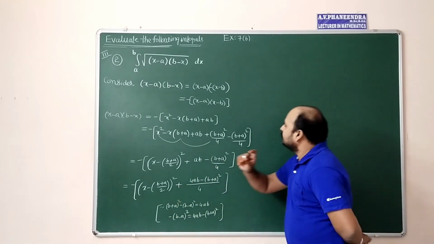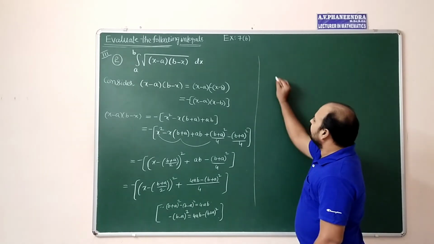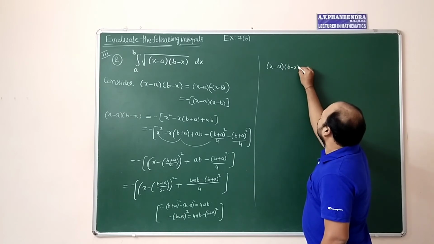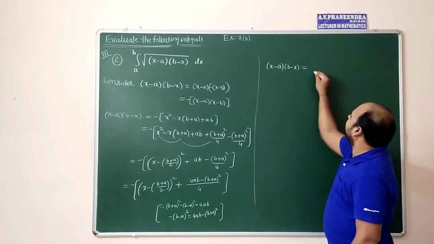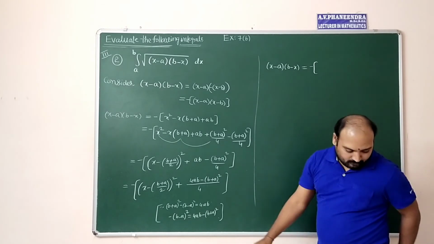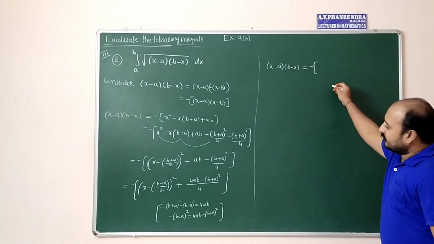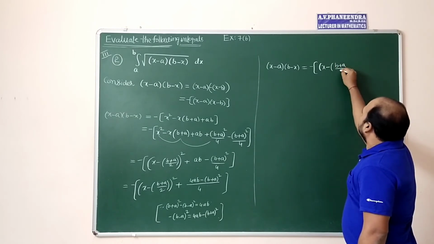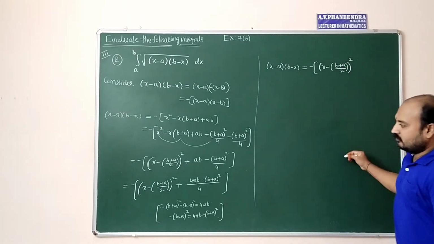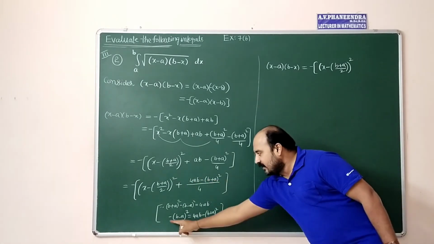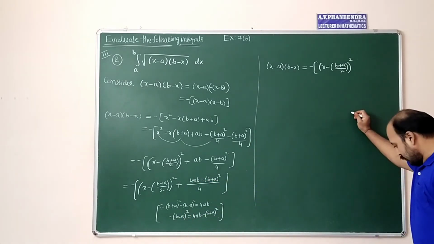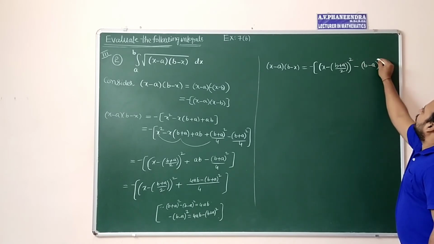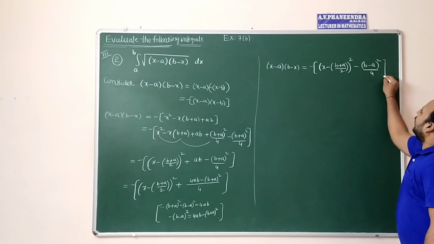4ab minus (b plus a) whole square, we can write it as minus of (b minus a) whole square. Now this term becomes (x minus a) into (b minus x) is equal to minus of (x minus (b plus a)/2) whole square. This numerator value will become minus (b minus a) whole square. So now minus (b minus a) whole square divided by 4, bracket close.